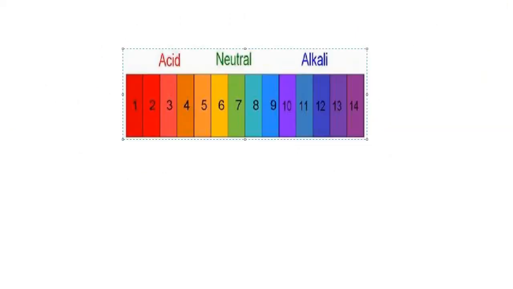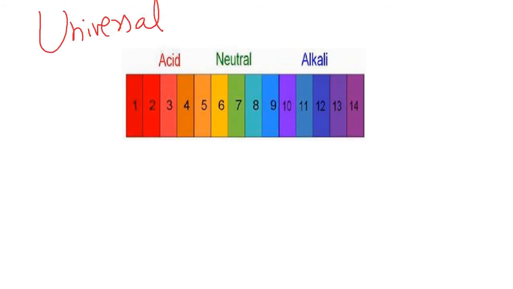Okay, so now we are discussing the universal indicator. What is the function of a universal indicator? It can tell you the exact, or approximate, pH of the substance. The litmus paper can tell only whether it is acidic or basic.